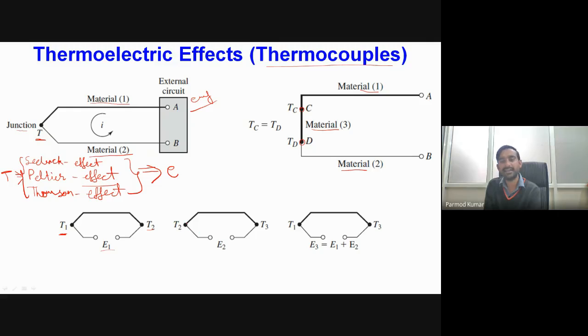Then we have another arrangement where the junctions are maintained at temperatures T2 and T3, and we get output E2. Now, if we use exactly identical wire materials and exactly identical structure, and we make these two junctions of this arrangement at the extreme temperatures T1 and T3.